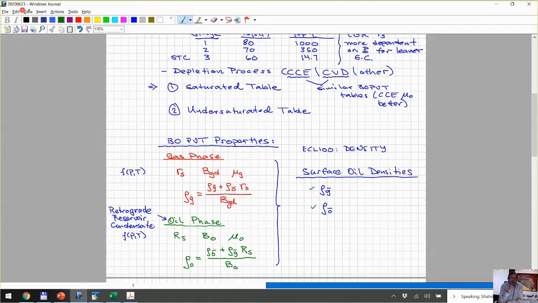So for the gas properties, RS, BGD, and gas viscosity, I don't think you'll see any real effect doing a CCE or a CVD. I'm almost sure. For the oil properties, you will. But it's the gas properties that are most important, so it doesn't really matter.